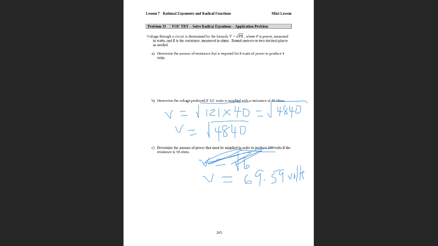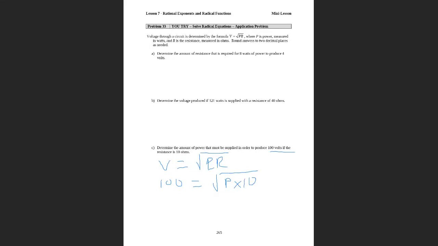Okay, let's keep going. What about the last one? Determine the amount of power that will be supplied in order to produce 100 volts. So V equals, again, square root of PR. So we are determining P, right? And then 100 volts. So 100 equals square root of P times 10 ohms.